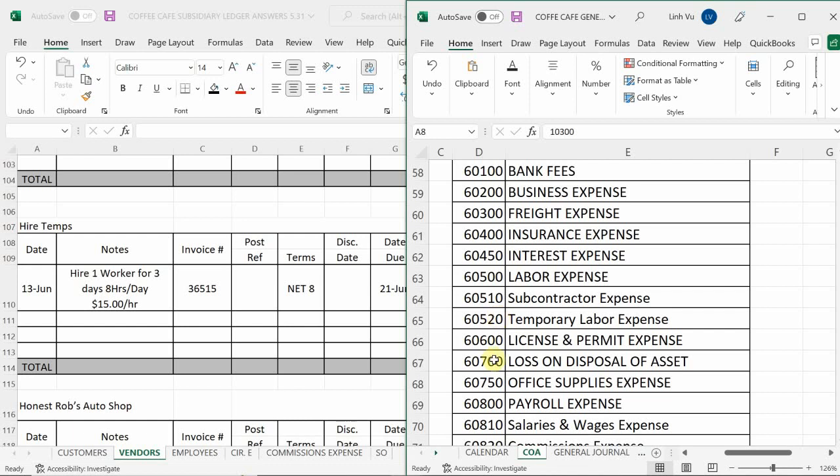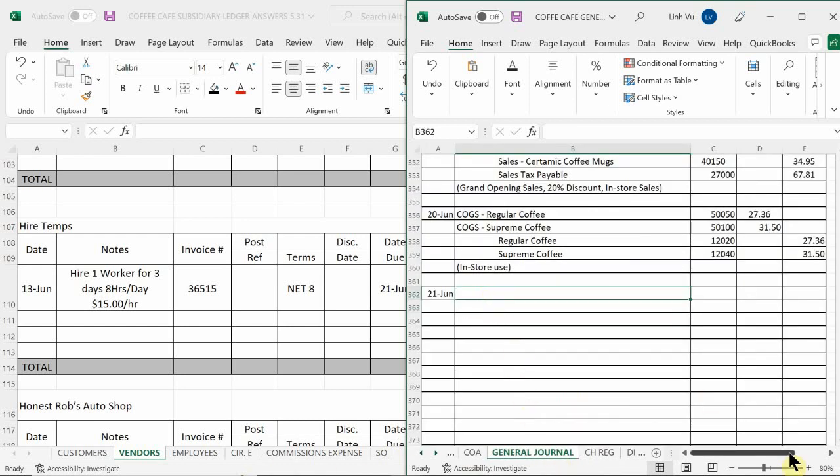So in this case, that is $360 for that temporary labor expense, and you said we are going to pay them via checking. For how much? $360. Okay.